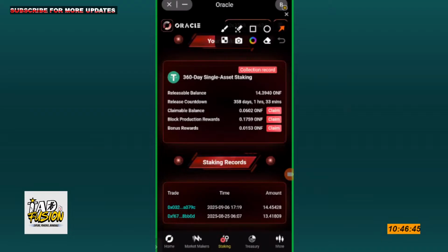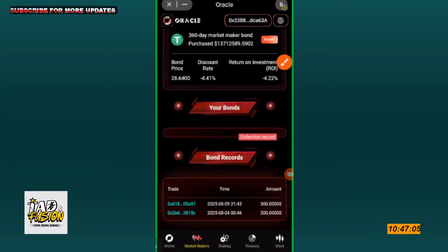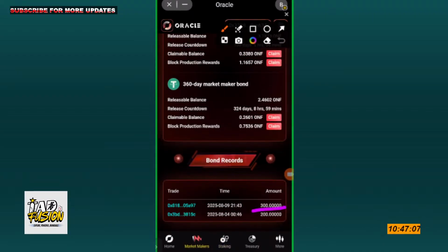When you look here, they are showing you the amount of ONF that you have locked under staking. But under market makers, they show you USDT, because this is under market makers.